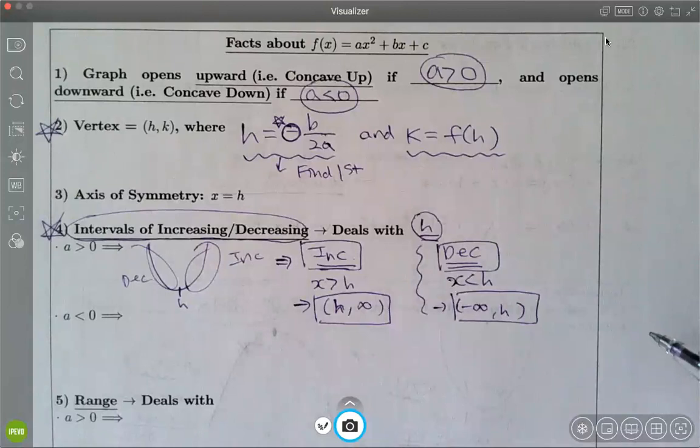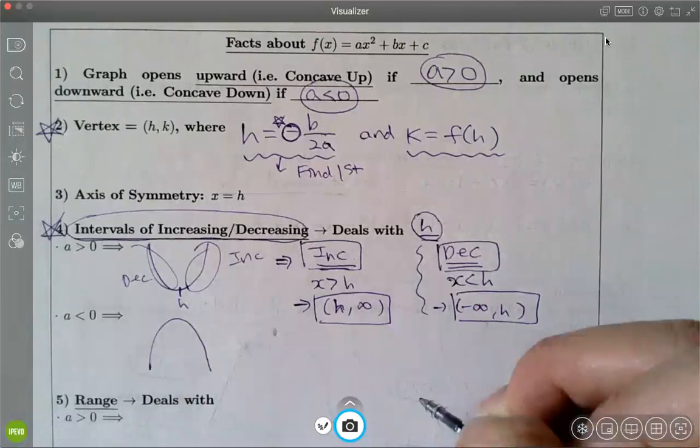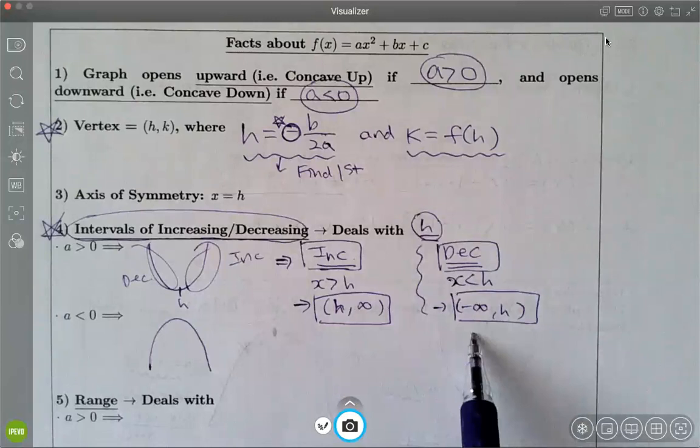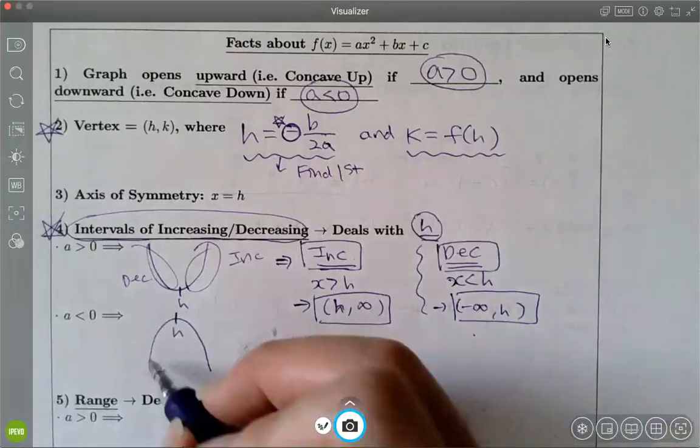Now, the good thing is when a is less than 0, what do we have? The opposite graph, right? So can you guess what will happen to these two intervals? They will also be flipped, right? So here is h, and here is increasing, and here is decreasing.